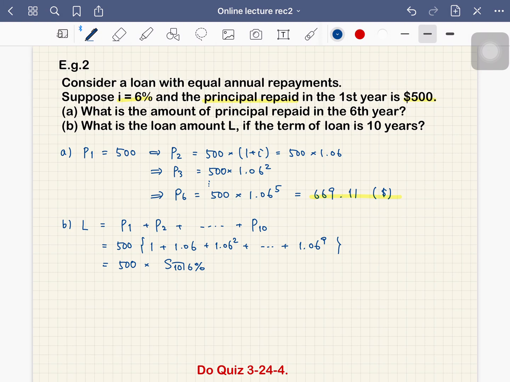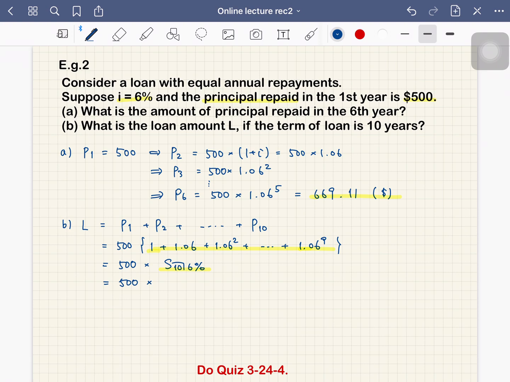This is because the first payment of the annuity immediate is worth 1.06 to the 9th power, because it accumulates interest for n minus 1 years, and the last payment doesn't accumulate any interest. So you can show that this is equal to this. Then you can plug in numbers to get the answer.